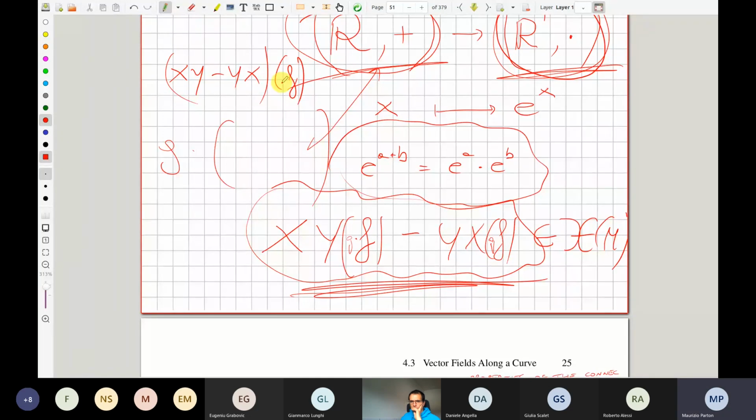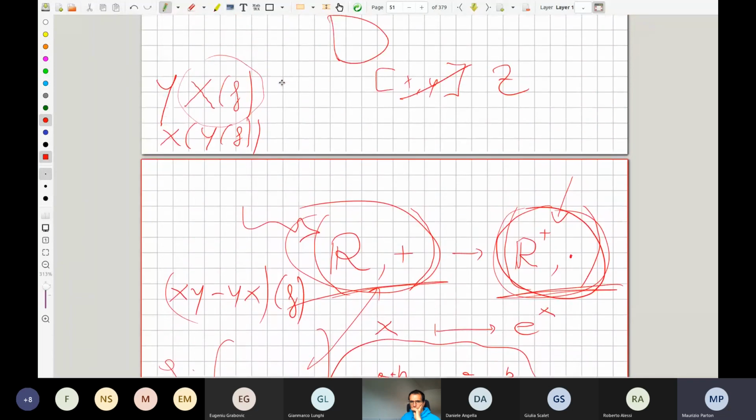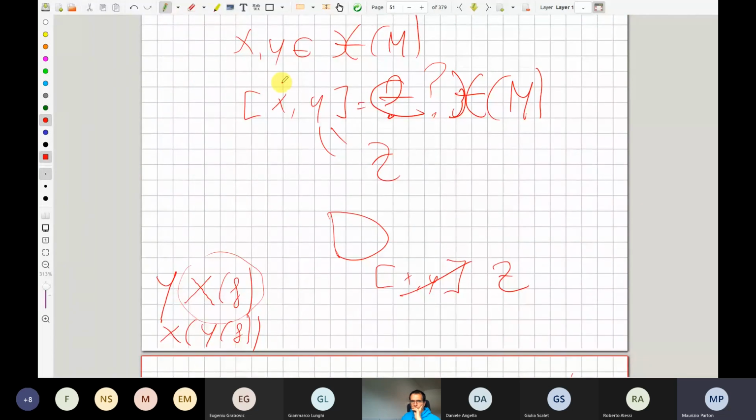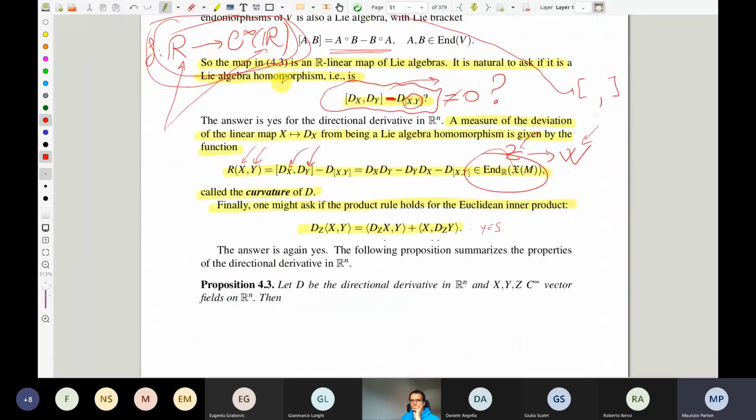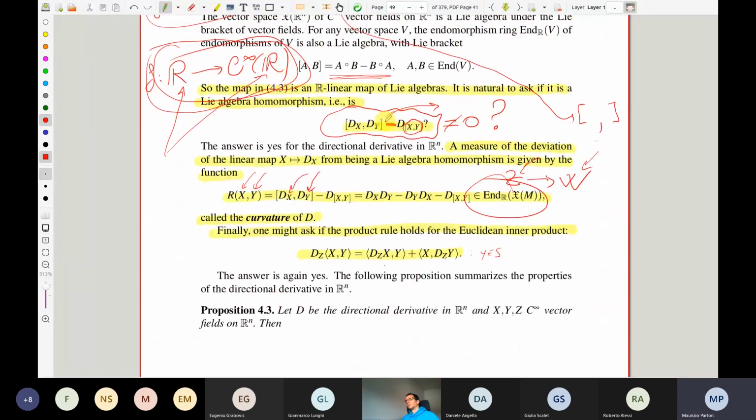This is the other part of the course. This is an operation on tangent vector fields. And so you can take the derivative, and so you have the curvature. So the curvature is just this object.